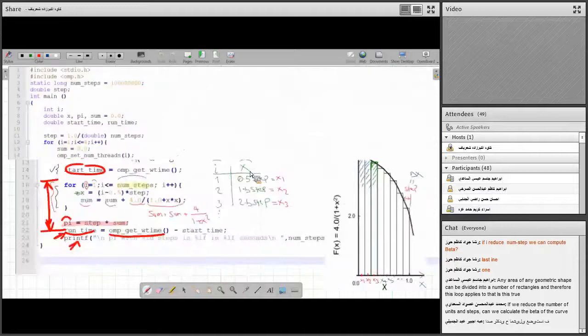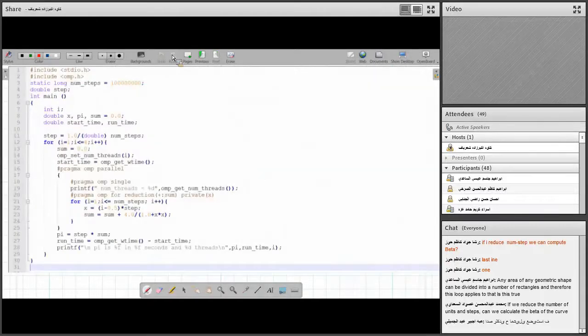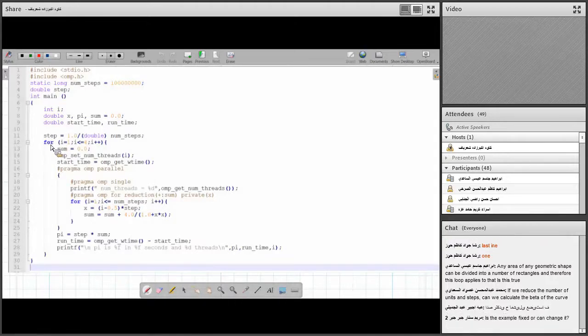Parallel program. We have number of steps 100 million. Up to here it is the same as the previous program.